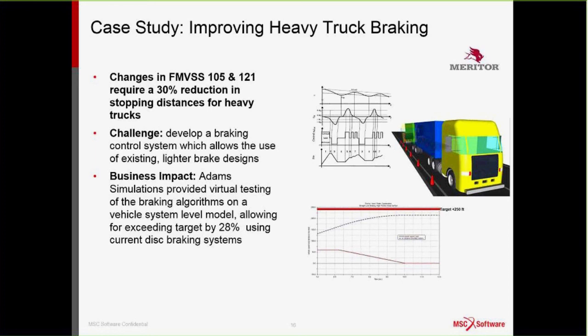But they didn't change any current disc braking system, so the hardware remains the same. The only thing that has been changed is the control logic. And by connecting the mechanical system and their control software effectively, they were able to come up with an optimized control system which can help them reach the target while maintaining their existing lighter brake design.